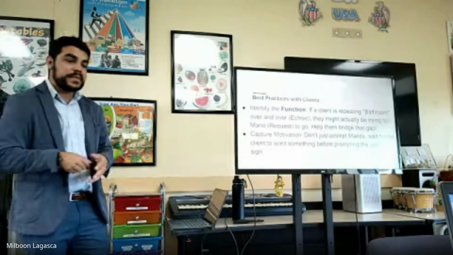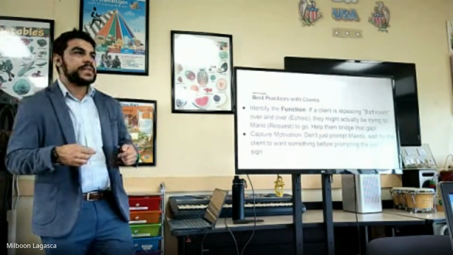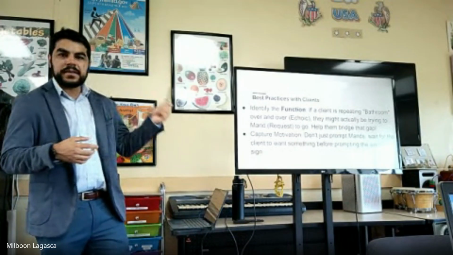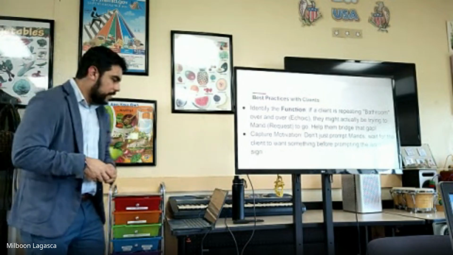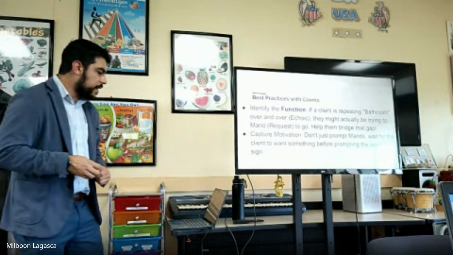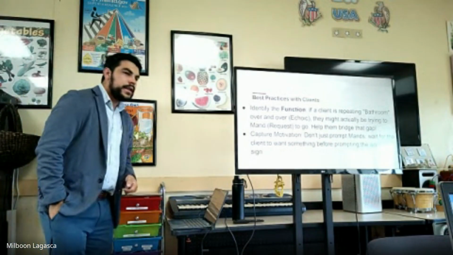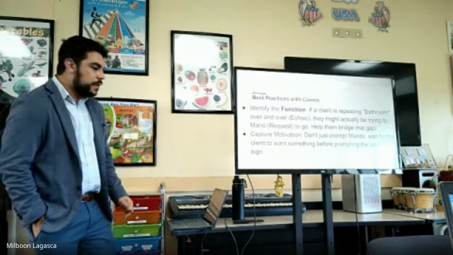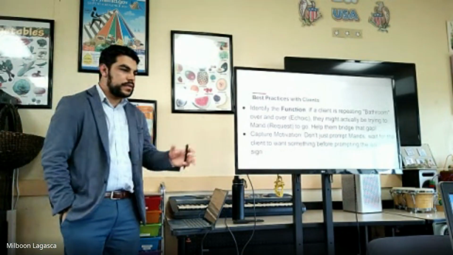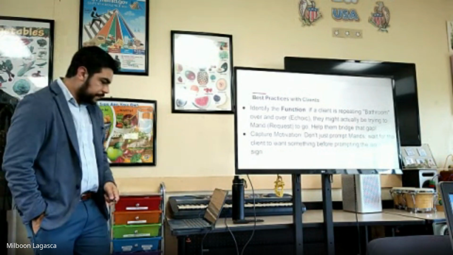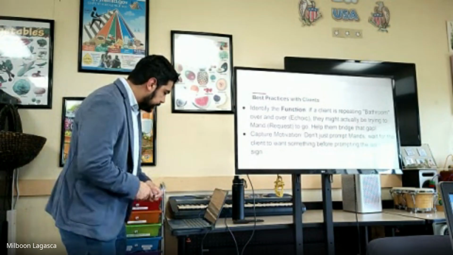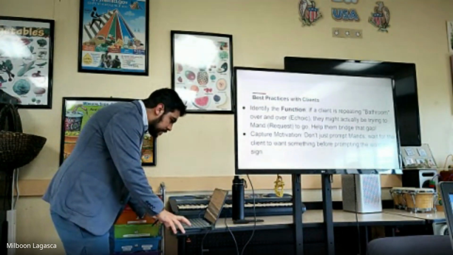So recognizing when somebody's making a request and when they're simply saying or labeling something. And then just like when we talked about MOs, capturing the motivation for a reinforcer to implement mand training is usually the way to go.